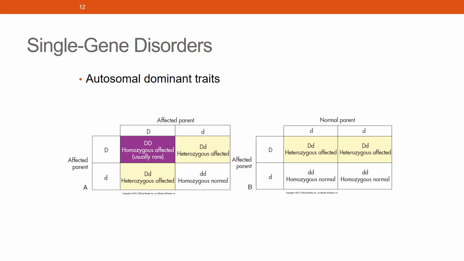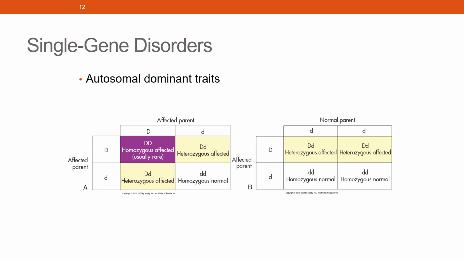But having an offspring with the disease, the probability is, as you can see, 3/4 or 75%. Large D represents the disease, the disorder. So only 25% of the offspring will not have the disease. Again, it takes both parents having the autosomal dominant trait.